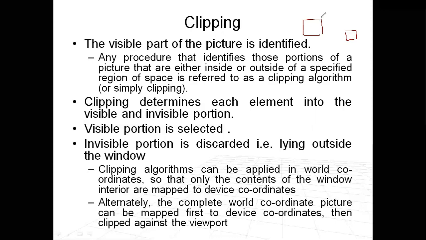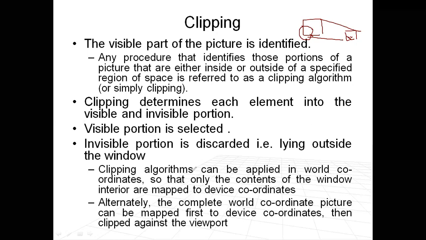One is before mapping onto the viewport, where the object can be clipped here only, and after that it is mapped to the screen coordinates. Or first the object is mapped to the device coordinates, and then clipping takes place. So in both ways clipping can occur.